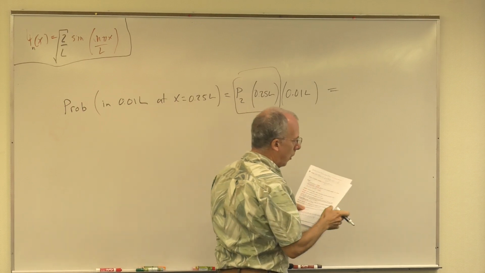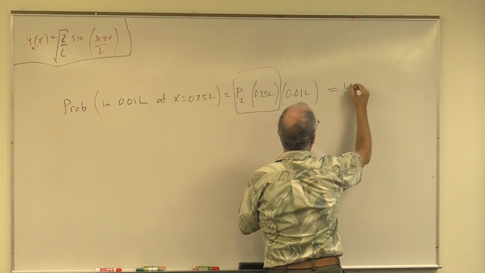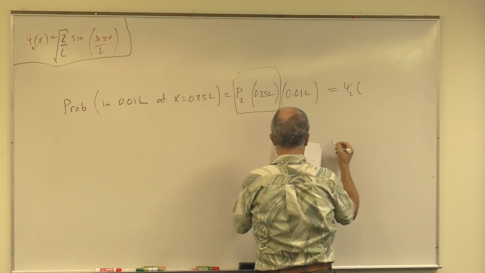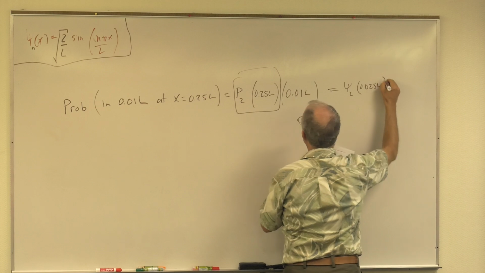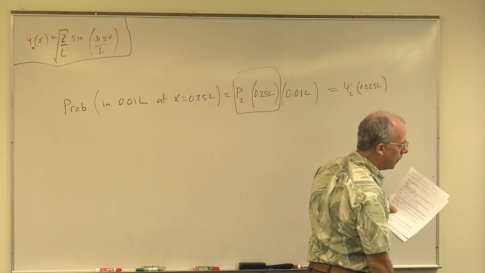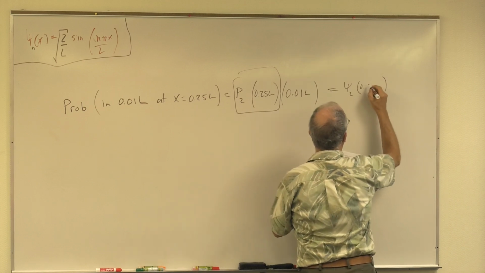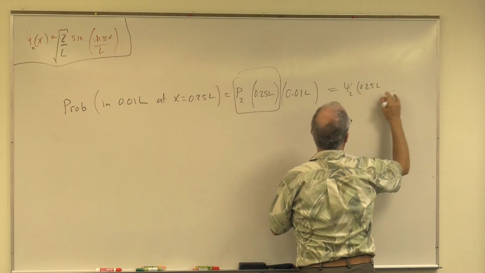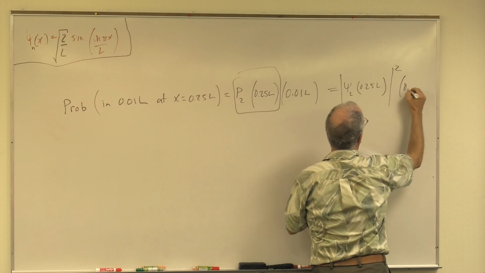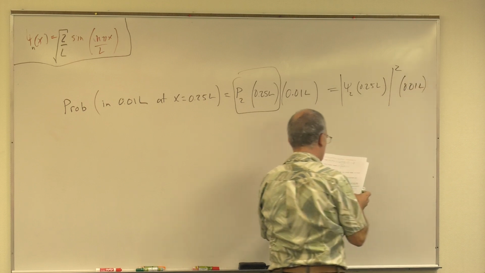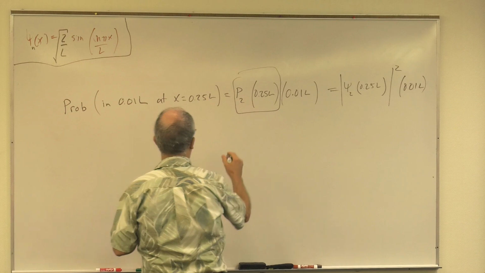That's just the psi squared, so that's psi 2 at 0.25 L squared times 0.01 L. Okay, we can do that.